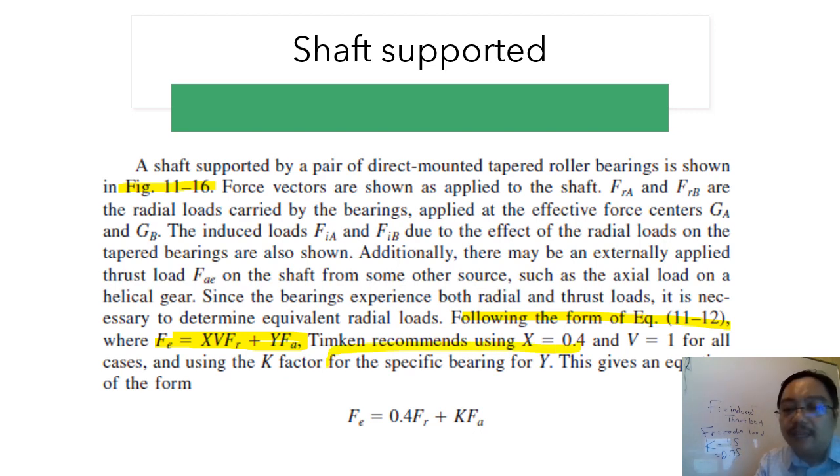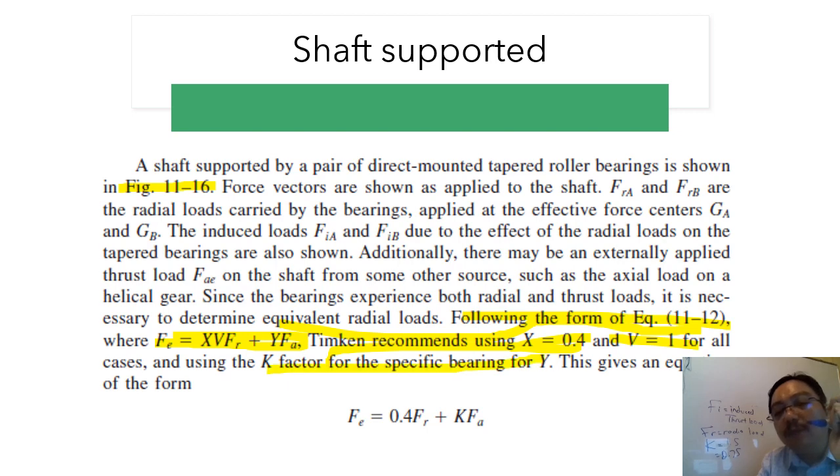Timken recommends using X equals 0.4 and V equals 1 for all cases. Remember, V equals 1 for roller bearing, V equals 1.2 for cylindrical roller bearing. But Timken recommends using the standard V equals 1 and X equals 0.4.